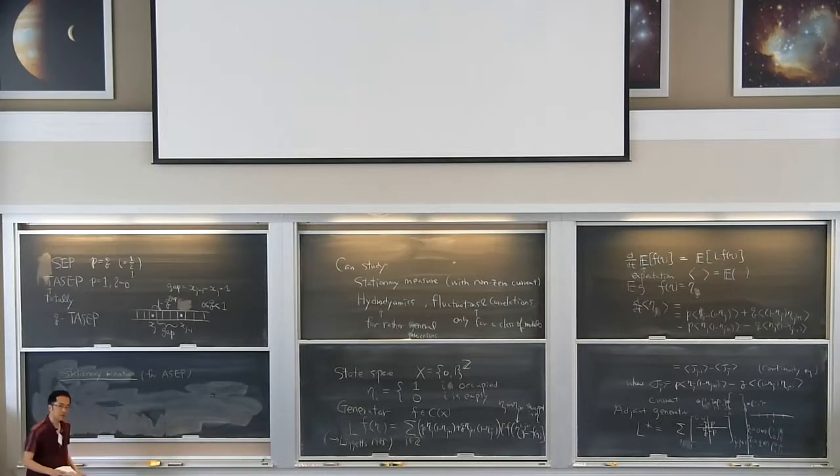But in fact, at least for this ASEP case, the stationary measure is already classified, very well known. So basically, we only use the so-called Bernoulli measure. In this case, the stationary measure is very simple. In fact, if we consider the so-called Bernoulli measure, in which all sites are independent, and each site is occupied with a given parameter, maybe rho, then this is the stationary measure.